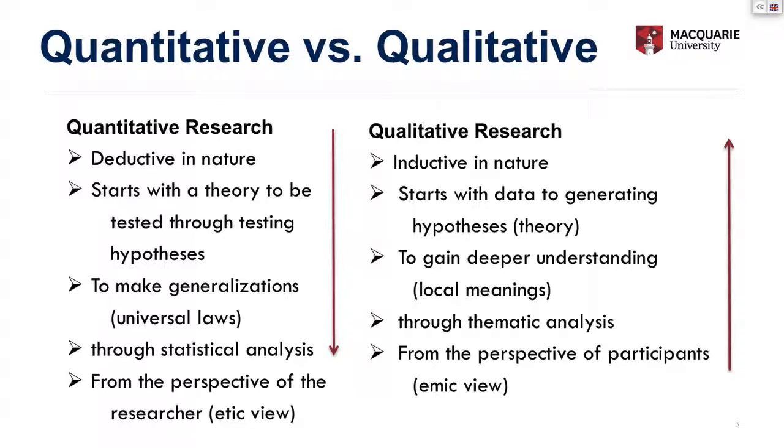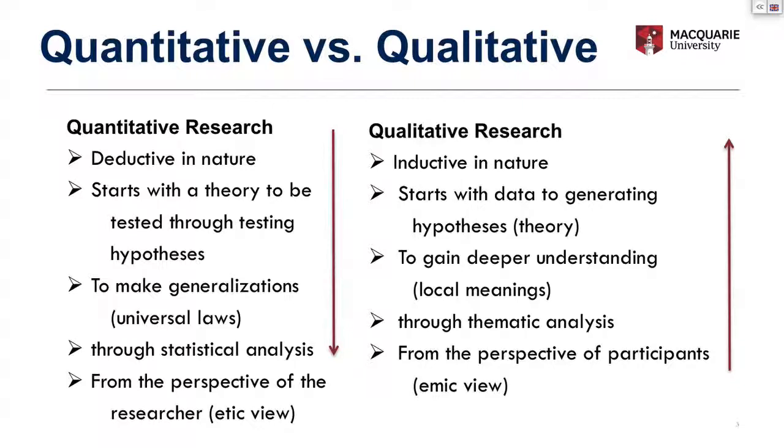Meaning that they start with a theory to be tested through checking hypotheses related to that theory. And the purpose of conducting quantitative research is to make generalizations, sometimes resulting in universal laws that could be used in different contexts. And this is usually done through a statistical analysis of the data.